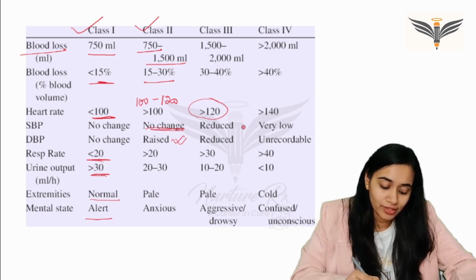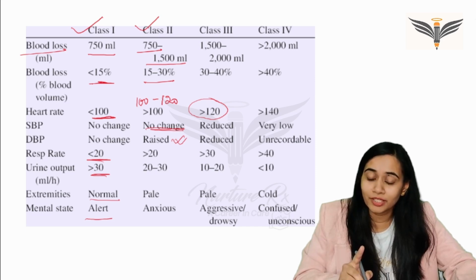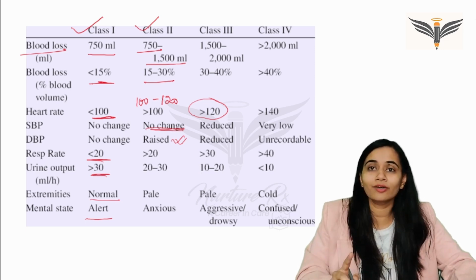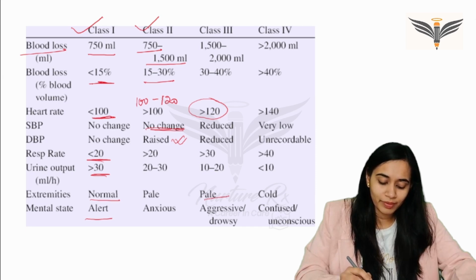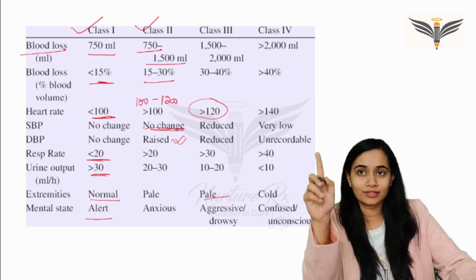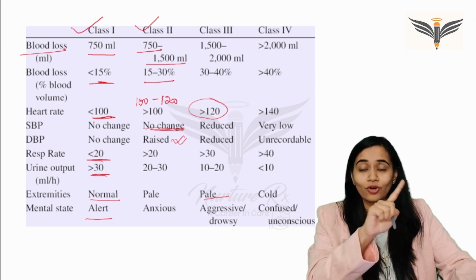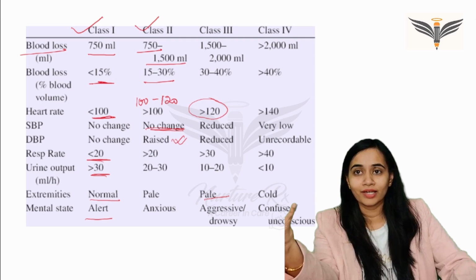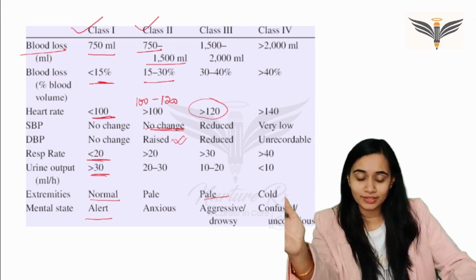Here the systolic BP will be reduced, the diastolic BP will be reduced, your respiratory rate will increase to more than 30, and your urine output will also significantly decrease. The extremities here will be pale. The mental status of the patient: he will either be very aggressive or very drowsy, not responding very well. So this is how you will differentiate class 3.